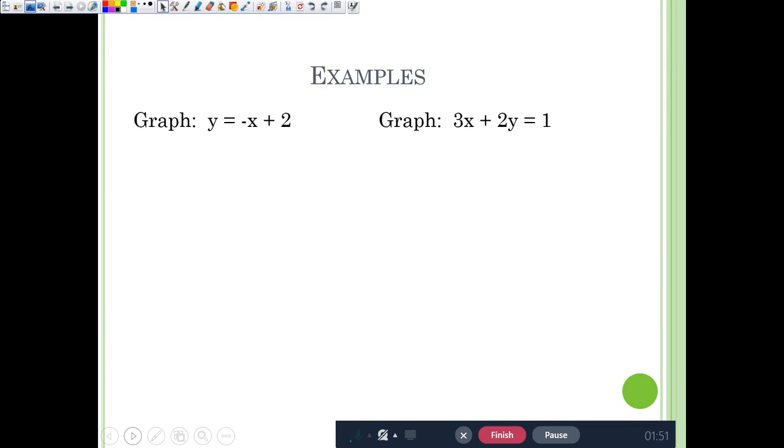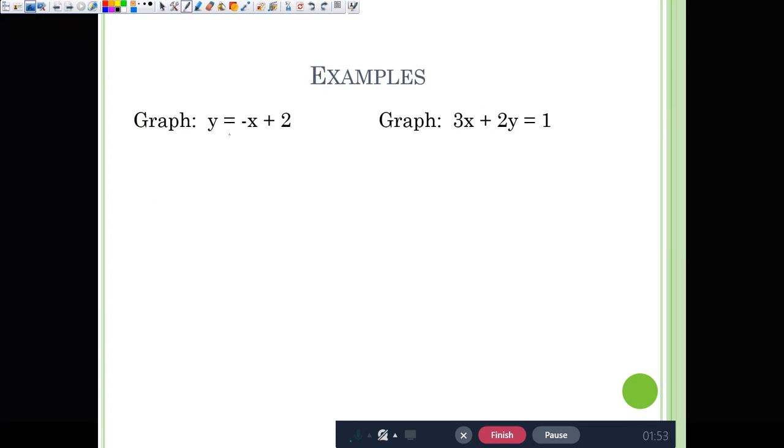So, this equation is already written in y form, so it's already solved for y. So I'm going to create an xy table. I get to pick the values for x because they are independent, so they never change. I like choosing -1, 0, and 1.